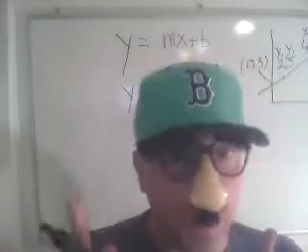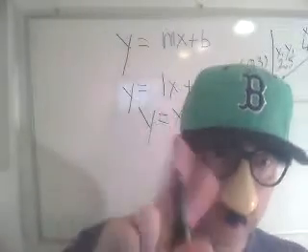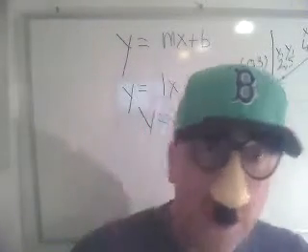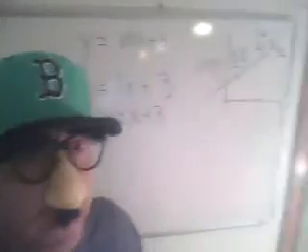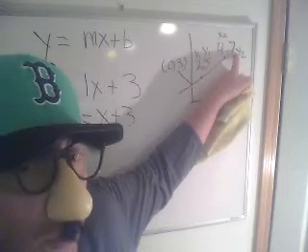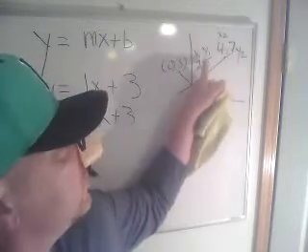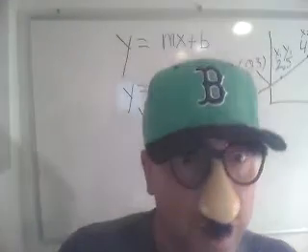What did we do? Summary. We took 2 points from the line. We subtracted. We took the difference between the y-coordinates and the x-coordinates of those points. And we divided them.